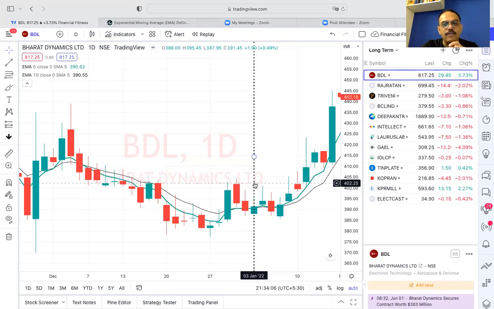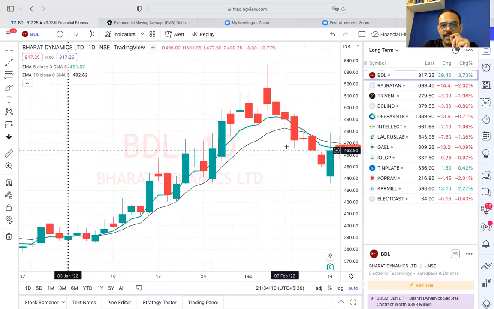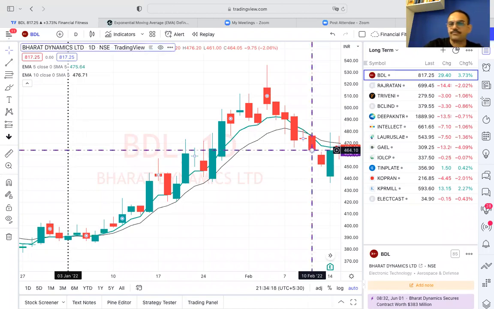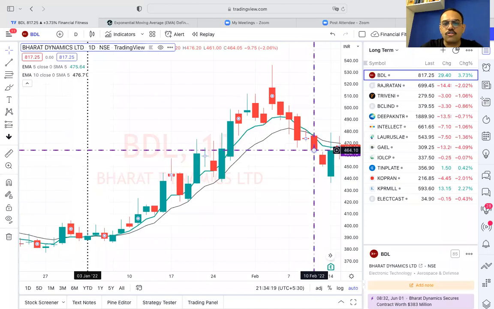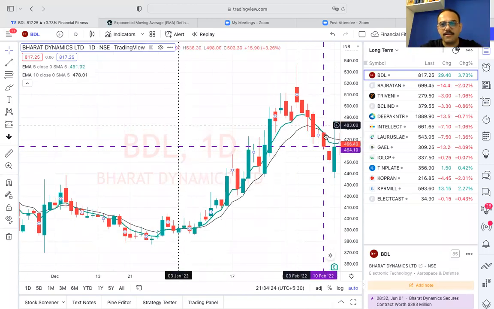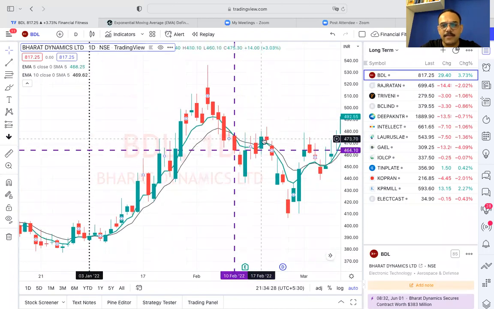And till what date do you have to hold on? You have to hold the stock till it crosses down. So on this day, the 5-day crossed below the 10-day, you exit here. So it's a crossover technique. 5-day crossing above the 10, you buy; 5 crossing below the 10, you sell again. See, it remained below, it has gone up, you buy here.